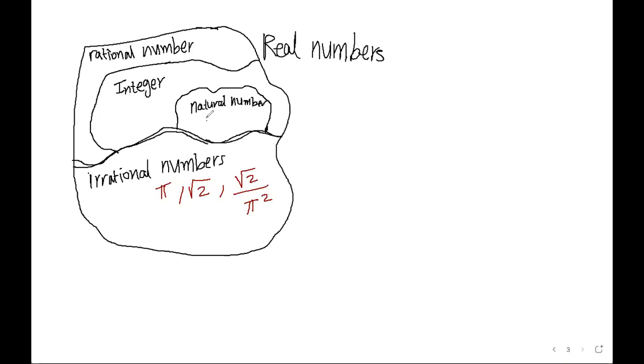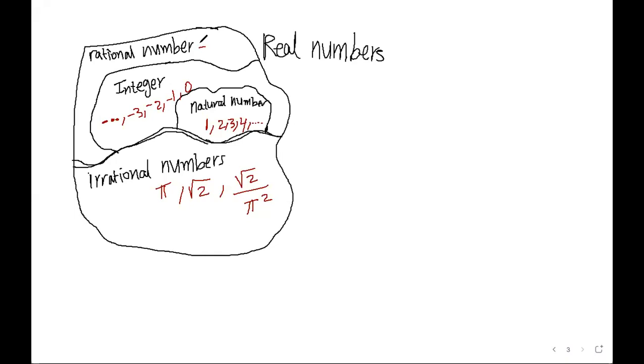Natural numbers are 1, 2, 3, 4 to infinity. Integers are the natural numbers and the negatives of the natural numbers. So dot dot dot, minus 3, minus 2, minus 1, and 0, and the rest of them are natural numbers, 1, 2, 3, 4, 5 to infinity.